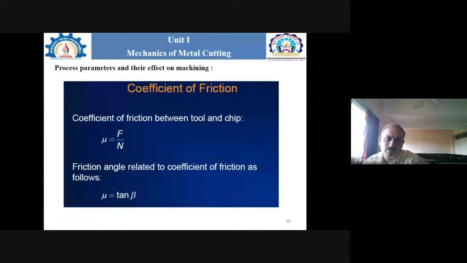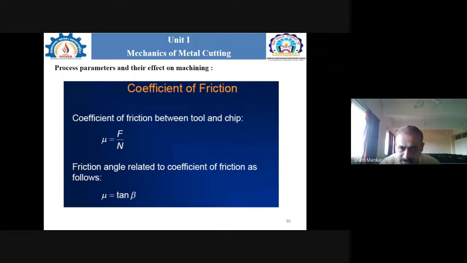One more important point is the coefficient of friction. When we perform the machining operation, definitely using cutting fluid or coolant, or even without it, whatever surface finish you are getting, friction plays an important role in the cutting operation, whether it is a single point cutting tool or a multi-point cutting tool.